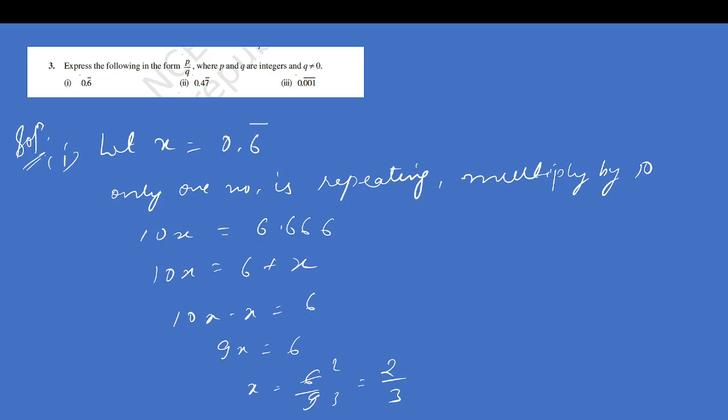Now question 3. Express the following in the form of p by q, where p and q are integers. 0.6 bar. Bar means only 6 is repeating; it will be 0.6666. So let x equal this; this is our first equation. Multiply by 10; this is our second equation.